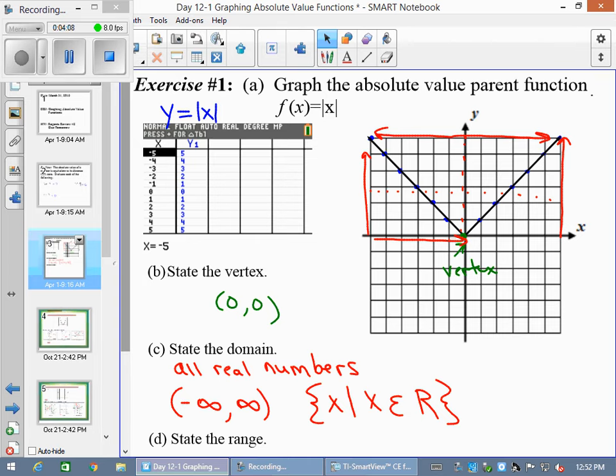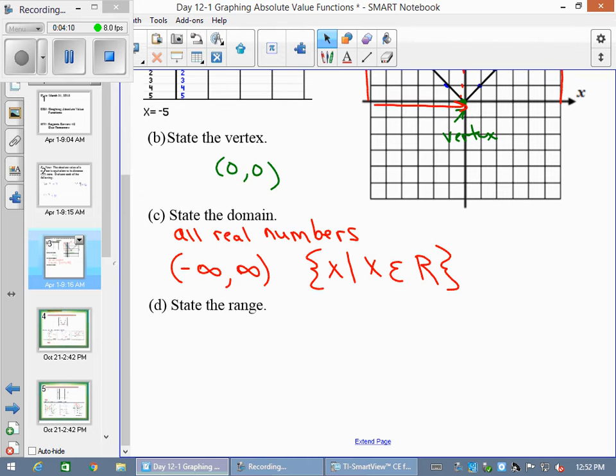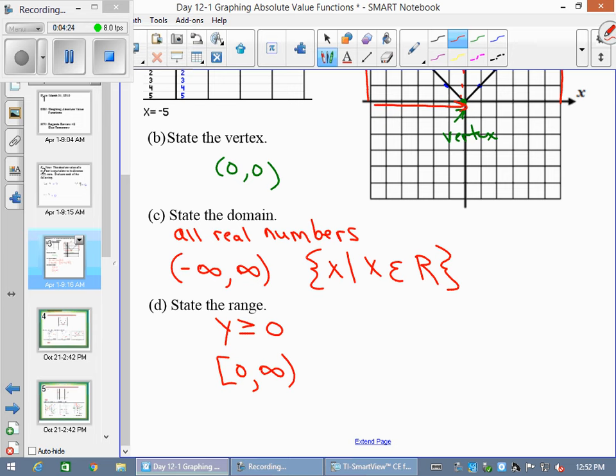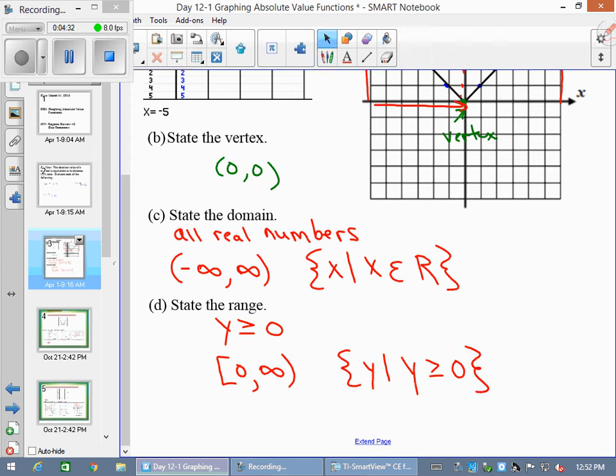So the lowest y that I could have here would be 0, and the highest would be infinity. So you could write that as an inequality, y is greater than or equal to 0. You could write that in interval notation, bracket 0, comma, infinity. Or you could write that using set notation, y such that y is greater than or equal to 0.